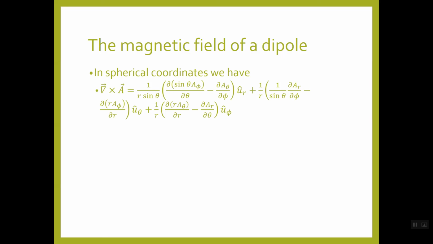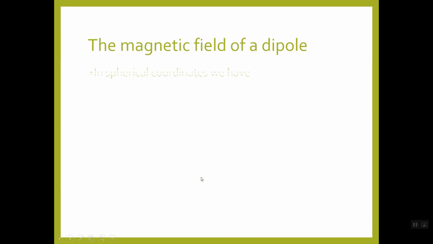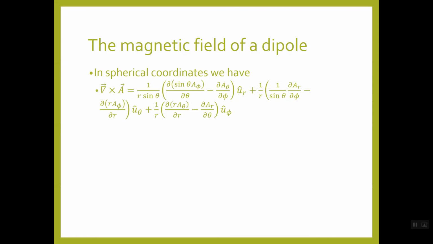So the curl looks like this in spherical coordinates. Here we only have a u phi term.